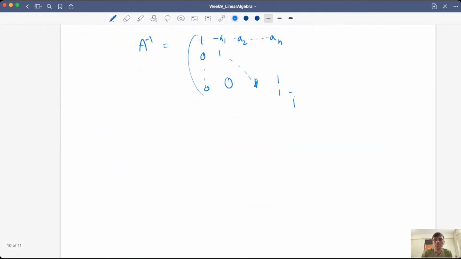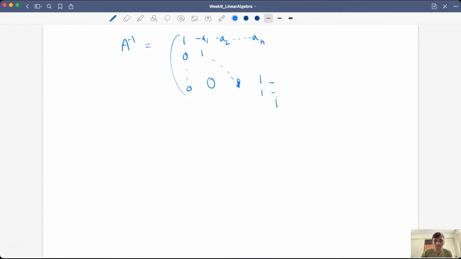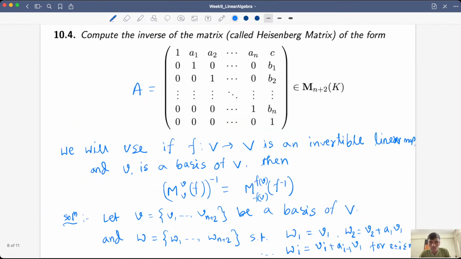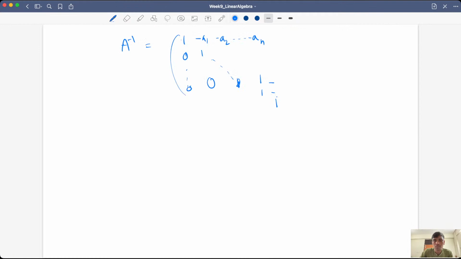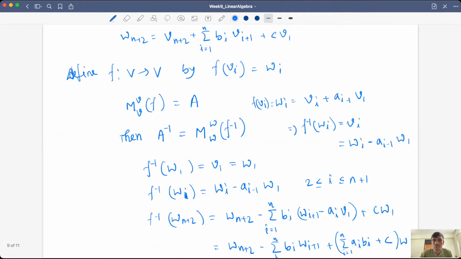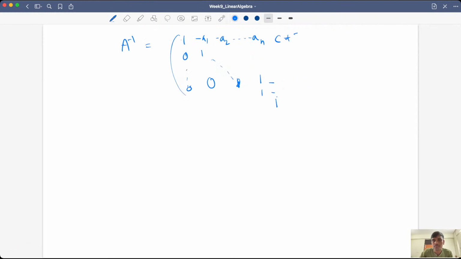For the last entry it will be minus b1, so this will be c plus summation ai bi, this is minus b1 minus b2 all the way to minus bn, and this is 1.